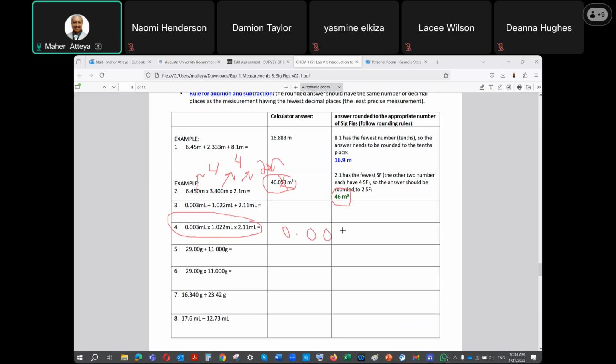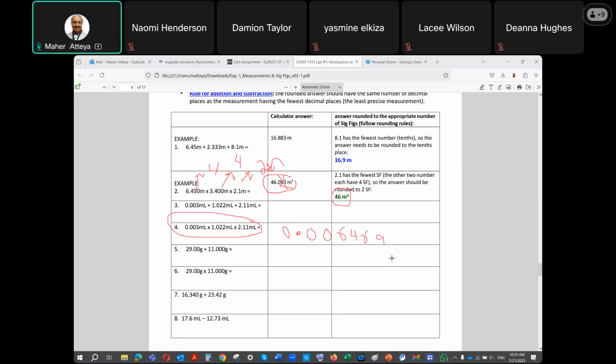How many zeros after the decimal? Here's the decimal. 2 zeros after the decimal, and then 4, 6, 4, 6, 9. Correct? What else?